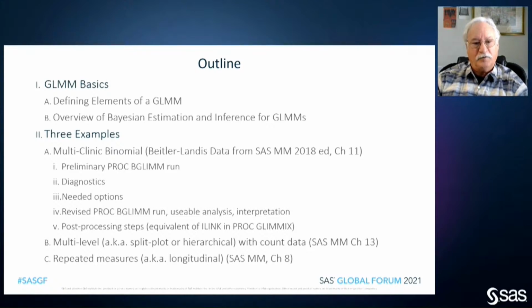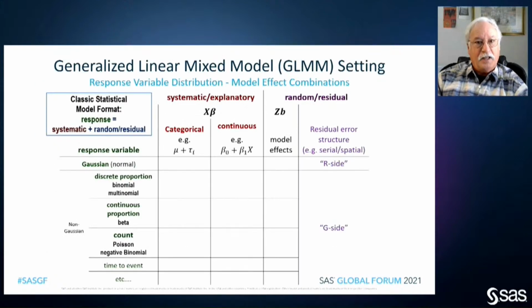And then we'll walk through interpretation and some needed post-processing steps that are basically equivalent to the iLink option in PROC GLIMMIX. The second example will be a multi-level experiment with count data. This is in chapter 13 of SAS for Mixed Models. And then we'll conclude with a repeated measures example that was in chapter 8 of SAS for Mixed Models. So without further ado, let's get started.